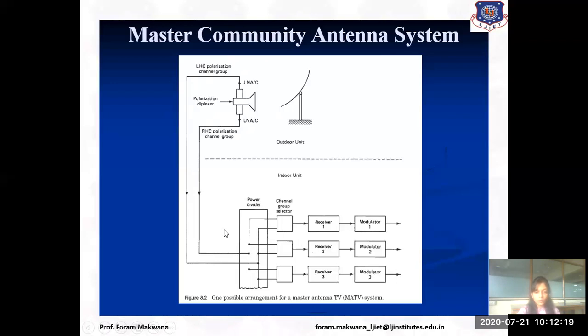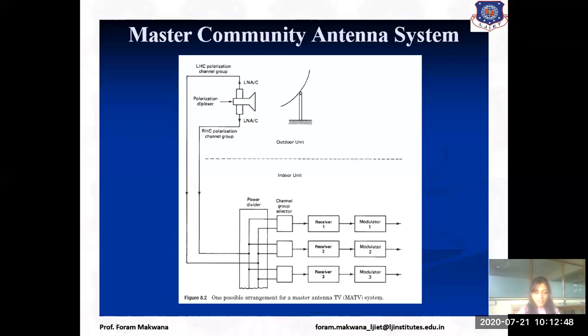The first block of the indoor unit is the power divider. With the help of this power divider, its outputs go to the channel group selector, because we are able to select the channel based on the requirements, and that group of channels is given to the receiver.